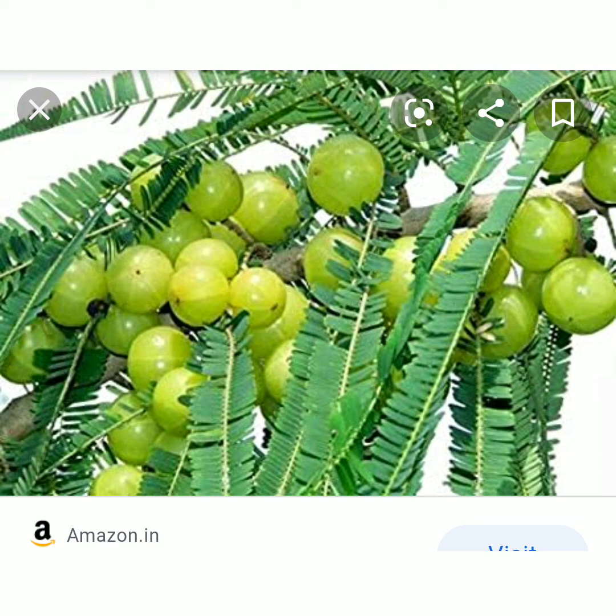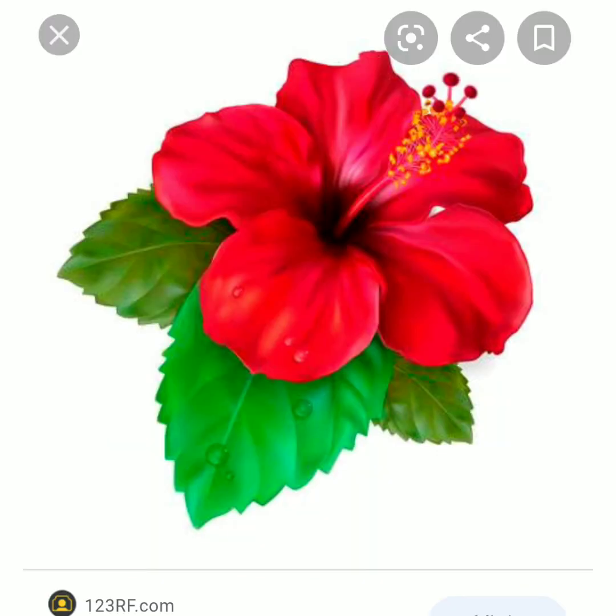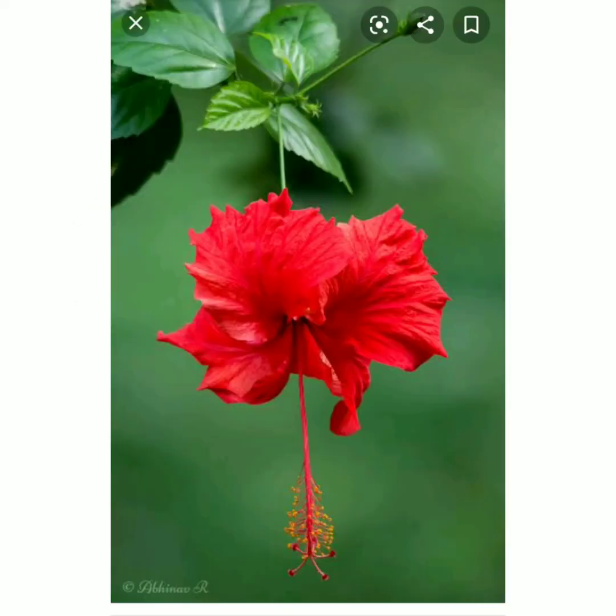In hibiscus, there is a male reproductive part, that is androecium, and a female reproductive part, that is gynoecium. Both the androecium and gynoecium are present in hibiscus, right? So both male and female organs are present in a single flower. Both sexes are present in the single flower.